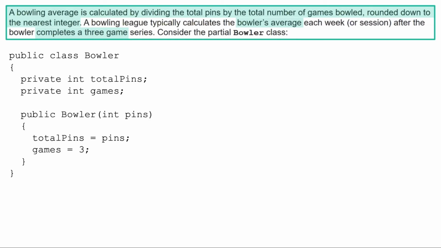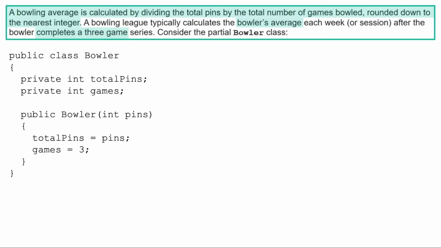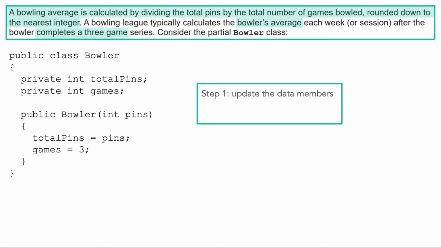How might we break down the process of calculating the bowler's average each week? Through method decomposition, a programmer breaks down a large problem into smaller subproblems by creating methods to solve each individual subproblem. What are our subproblems in this scenario? We will need to update the data members to then calculate the average.